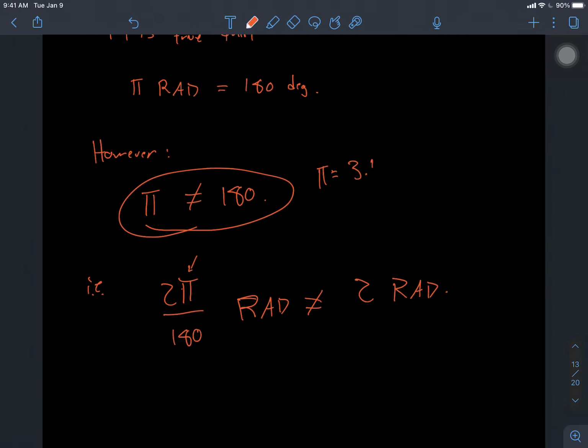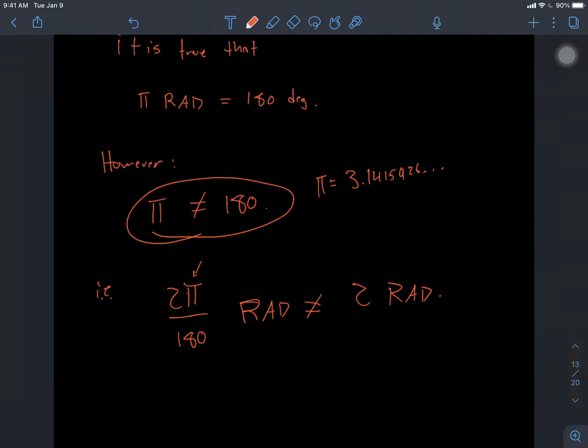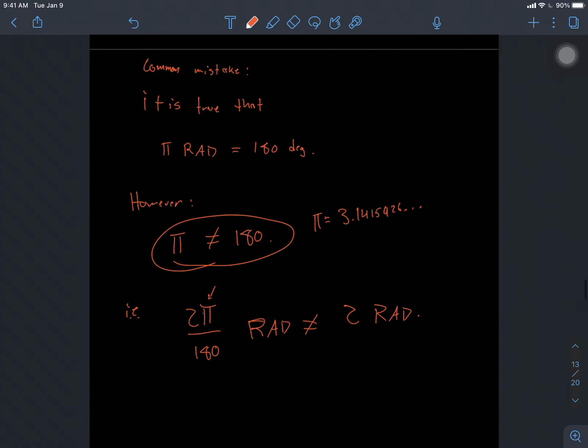It's the number 3.1415926... and a bunch of other digits. I think we know like 1 trillion digits of pi. No, we know like 30 trillion digits of pi, or something like that. Anyways, the point here is that if we want to set pi equal to 180, we have to be specifying that we're talking about pi radians being equal to 180 degrees.